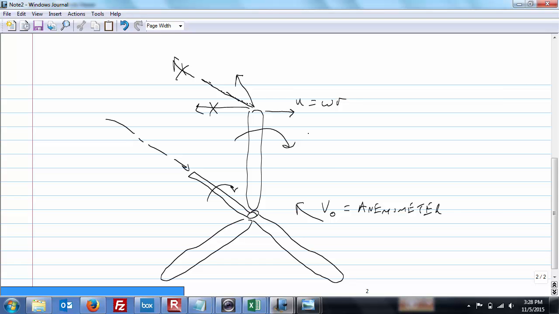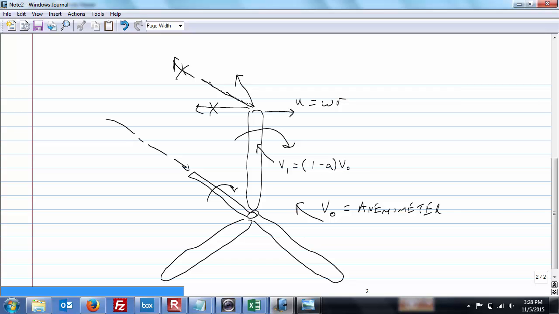This other velocity that's given, so at the blade, we still have that V naught hitting it. What the book is telling us here is that V1 equals (1 minus A) V naught.